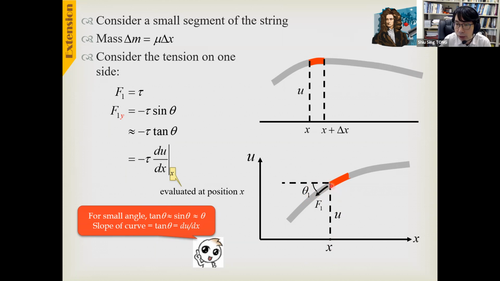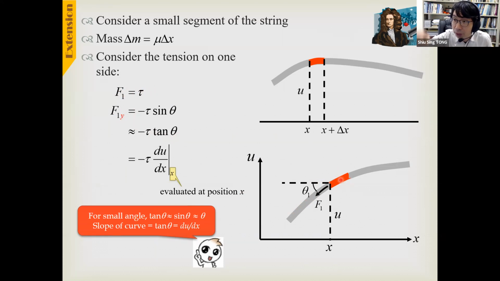So this position is labeled x. The magnitude of the tension force is tau, and the tension force is pulling at an angle theta 1 below the horizontal direction. F1 has a magnitude of tau, but we are interested in the vertical component of the force, because it's the vertical component that pulls this part of the string up and down. We want to find its vertical acceleration.